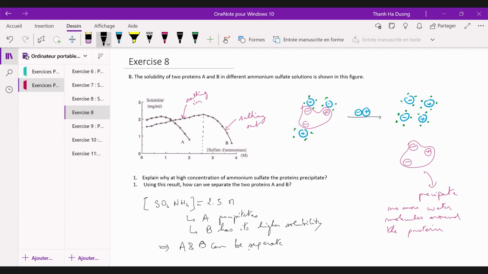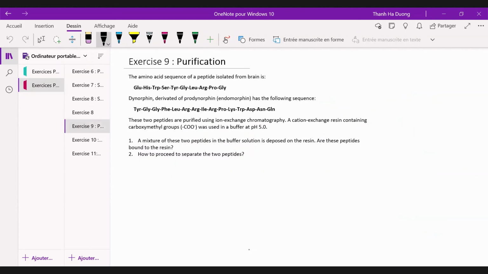Thank you for answering. So let's go to exercise 9. Okay. We have two peptides. These peptides are purified using ion exchange chromatography, indeed a cation exchange chromatography.